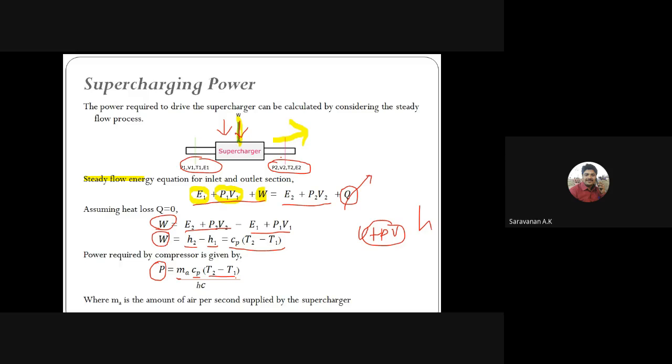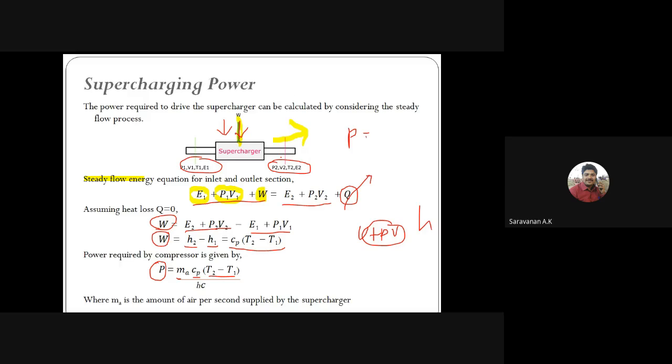This is the heat supplied or heat rejected term. So M, that is mass flow rate, Cp, and the temperature difference divided by the enthalpy.